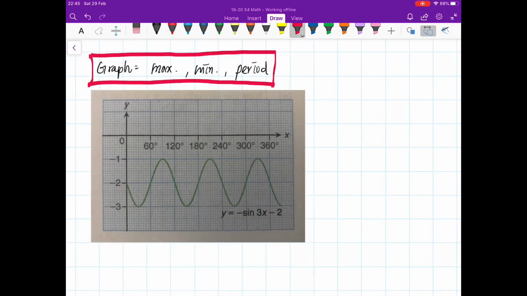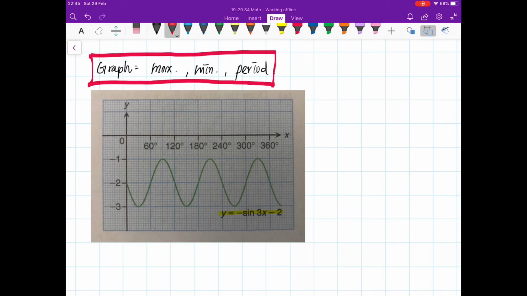And finally, in section 10.3, we have learned about reading maximum, minimum, and period from graph. And below is an example. Okay, so as you can see in the question, it gives you a graph of y equals to negative sine 3x minus 2.